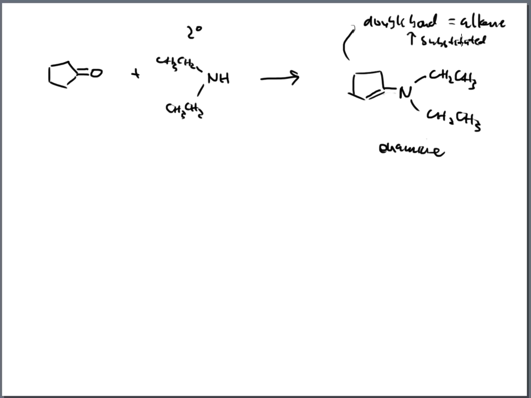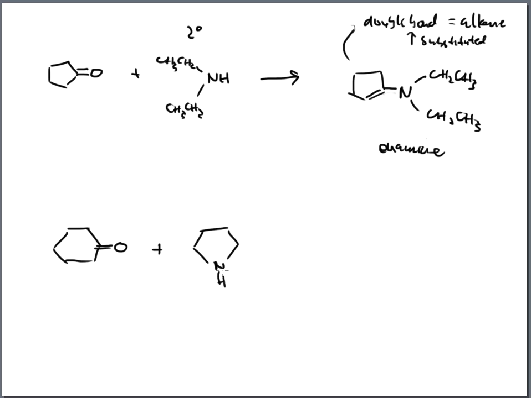All right? Okay, so let's take another example, and let's this time do just another ketone, right? We get the idea at this point. I'm going to do a 6-membered ketone here, though, so cyclohexanone. And we're going to react cyclohexanone with a 5-membered nitrogen ring. All right, so that is still an amine.